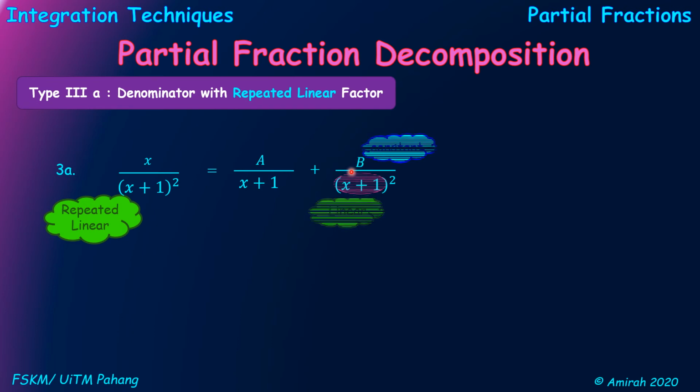So we write constant B. Then we can double check. We have constants A and B. There are two constants here because when we expand the original denominator, we will have degree 2. That's why we have two constants here. Right?